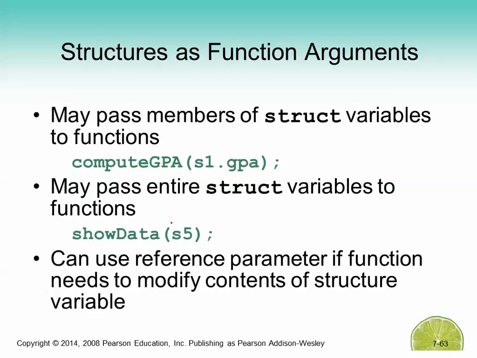Okay, now when we pass structures as function arguments, if we're going to be passing the variables, then it's very simple. We just use like s1.gpa. This is a call. We're calling this function, call compute GPA. So if it's going to be a structure variable, then we just pass it like that.